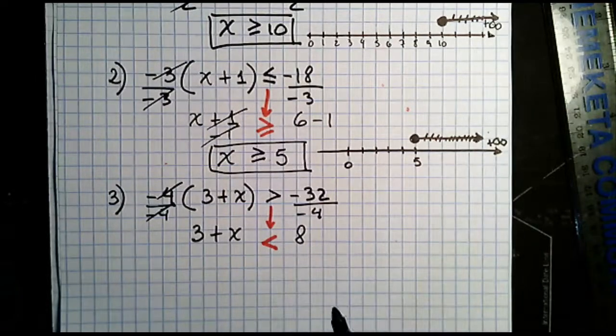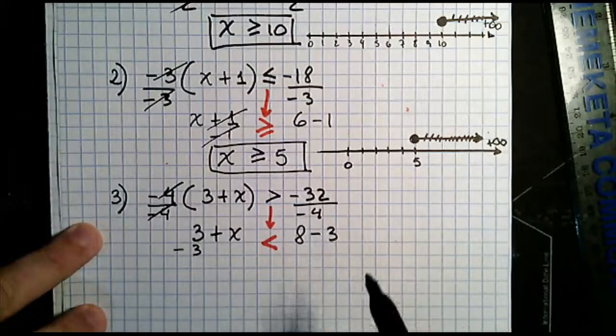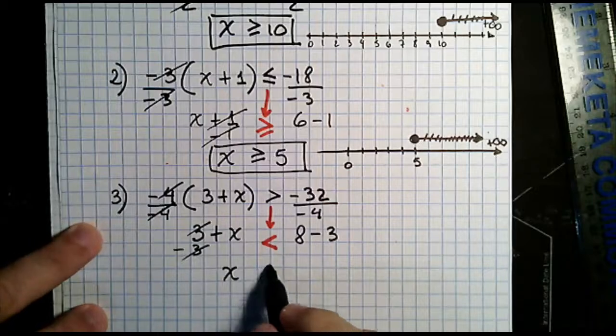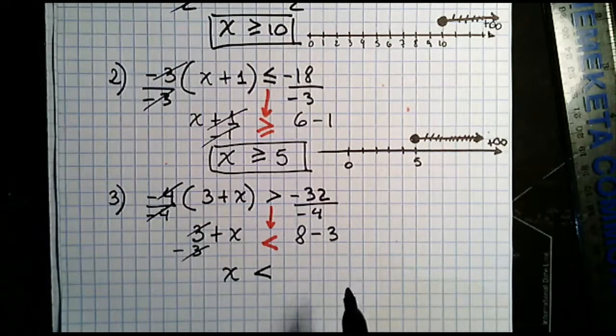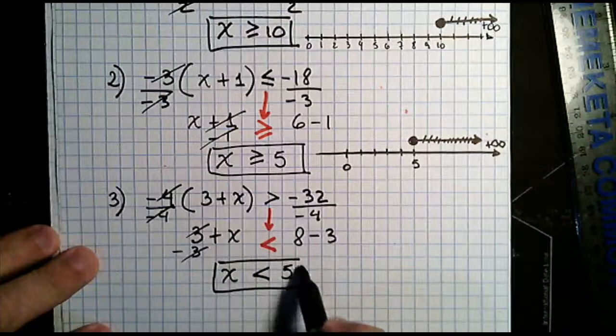Okay, so then I subtract 3 and I subtract 3 over there. So this x here is going to be less than 5, right? So the x value is going to be less than 5.